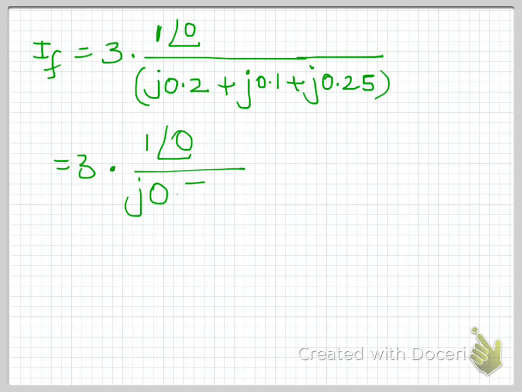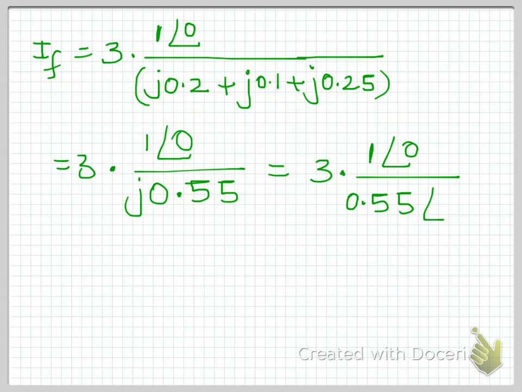Now j equals an angle of 90 degrees, so it's 3 times 1 angle 0 divided by 0.55 angle 90 degrees.